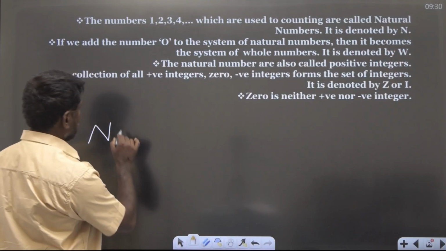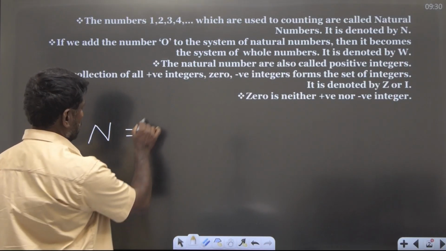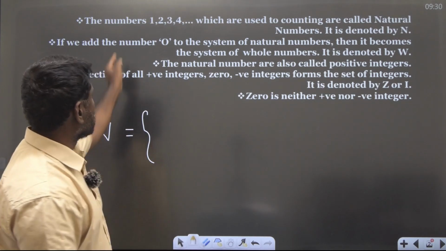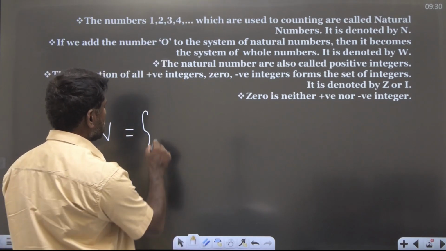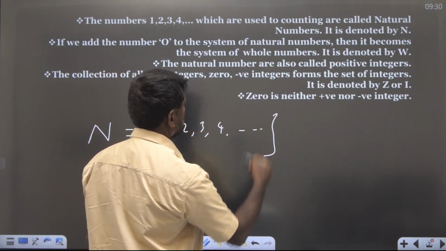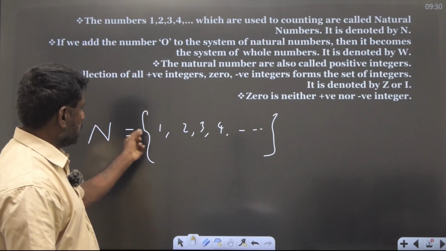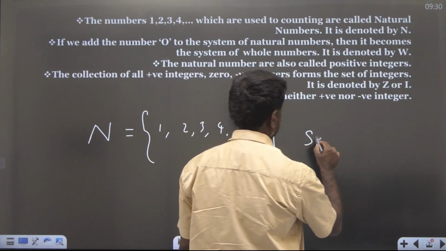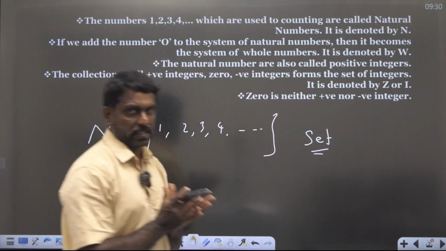In mathematical notation, it is the collection of the integers 1, 2, 3, 4, etc. This collection is sometimes called a set. Set means collection.